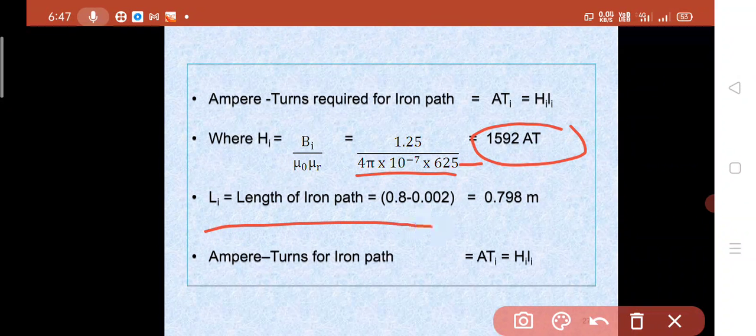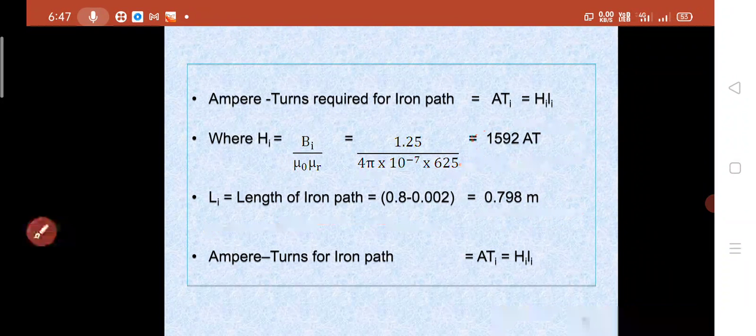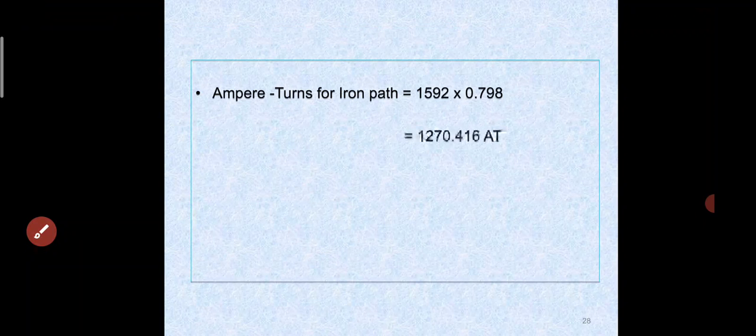is 0.8 minus 0.002, which is 0.798 meters. Ampere turns for iron path ATi is equal to Hi Li. So ampere turns for iron path is equal to 1592 into 0.798.